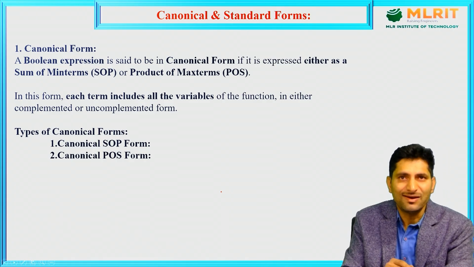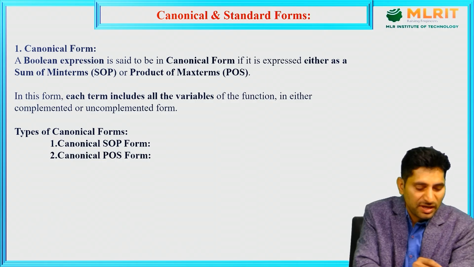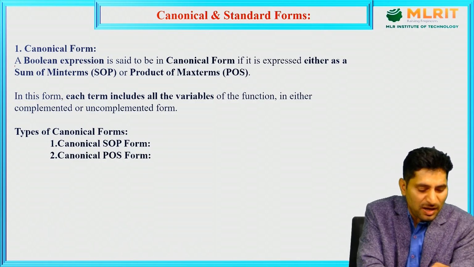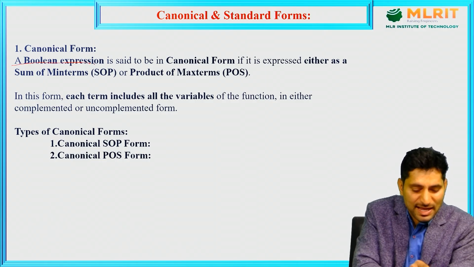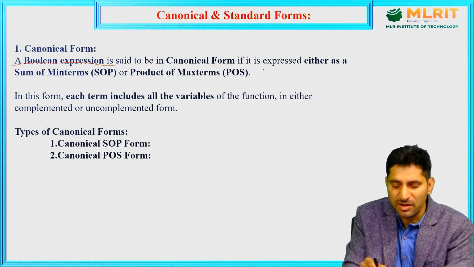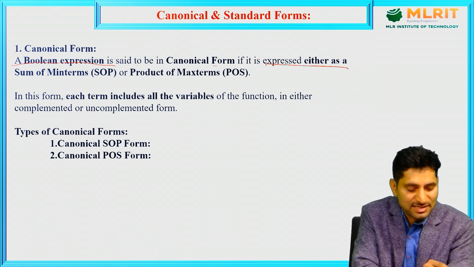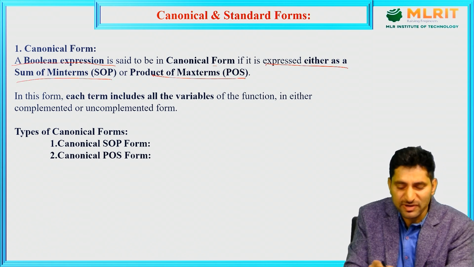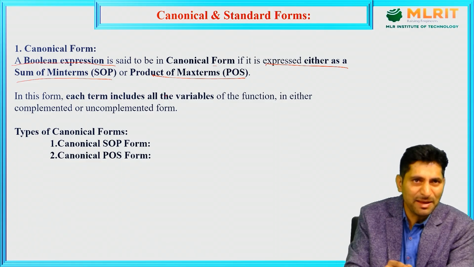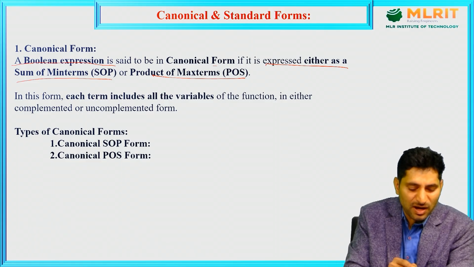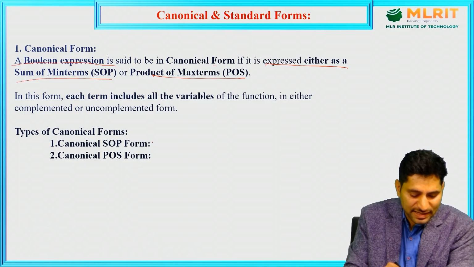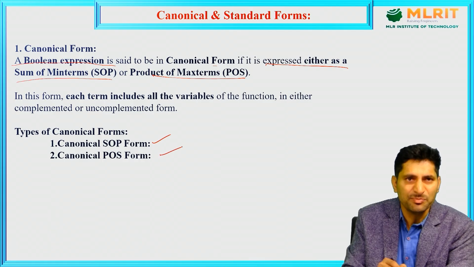Next, canonical and standard forms. What do you mean by canonical and standard forms? A Boolean expression is said to be in canonical form if it is expressed as either an SOP or POS form. Canonical form is of two types: canonical SOP and canonical POS form.